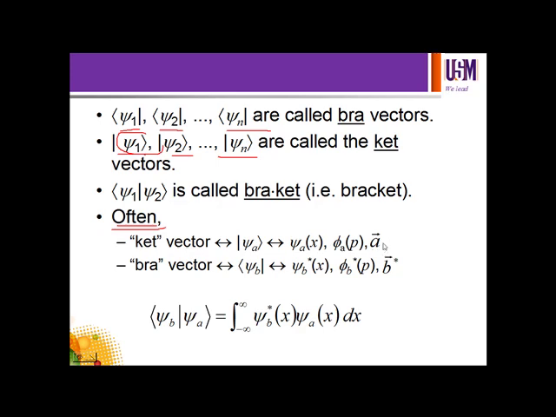Basically the ket vector is a vector to represent a vector, while the bra vector like this is usually the conjugate of whatever, maybe psi B conjugate in terms of X or phi. That means the bra must usually be a conjugate.